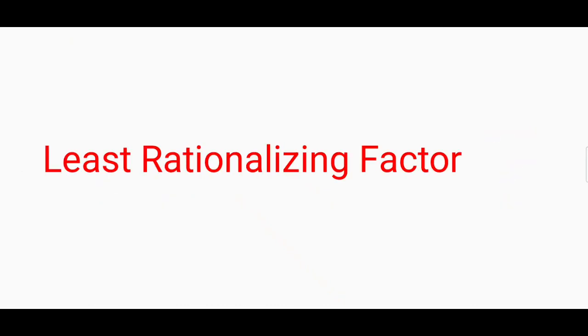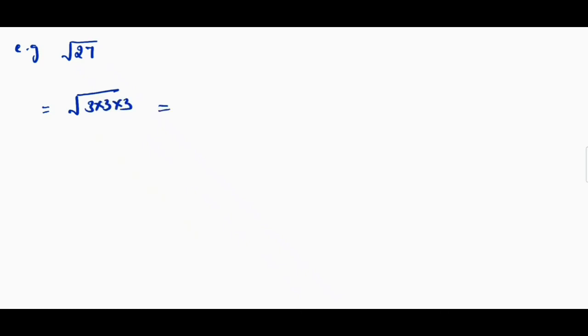Sometimes we need to find the least rationalizing factor of a given irrational number. For example, find the least rationalizing factor of square root of 27. We know we can write this 27 as 3 into 3 into 3, which is equal to 3 square root of 3.